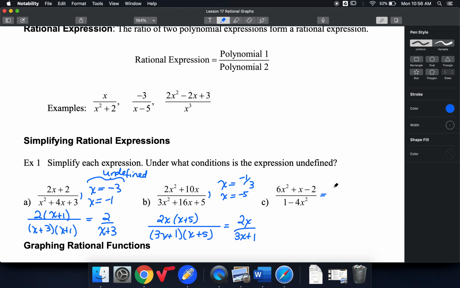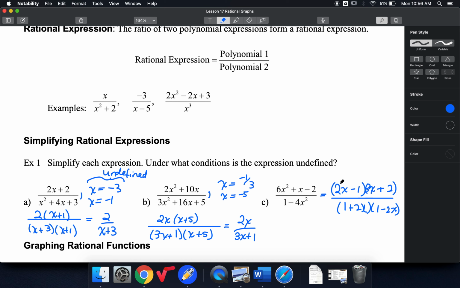All right, again, I'm going to factor. This is going to be 2x plus 1 times x minus 1. Oops, that should have been a -1. And then that is going to be 3x plus 2, over 1 plus 2x and 1 minus 2x.